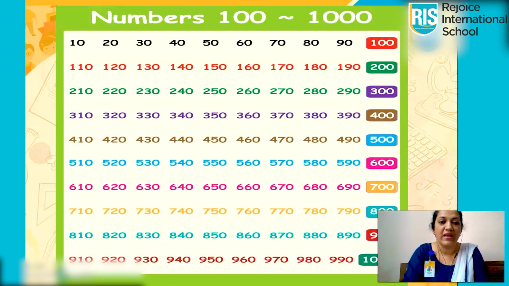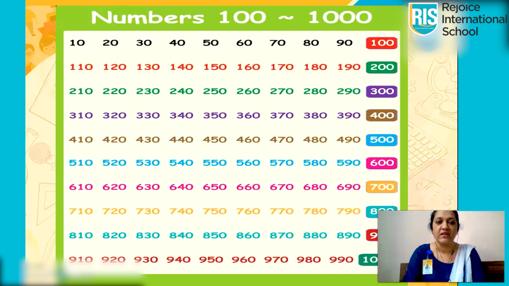But here we are skipping every 10, like we say 10, 20, 30, 40, 50, 60, 70, 80, 90, 100. Okay, after 100, when you count the next 10 numbers, you'll get 110, 120, 130, 140 and so on. Okay, so skipping every 10th number become multiples of 10, like a 10 times table.